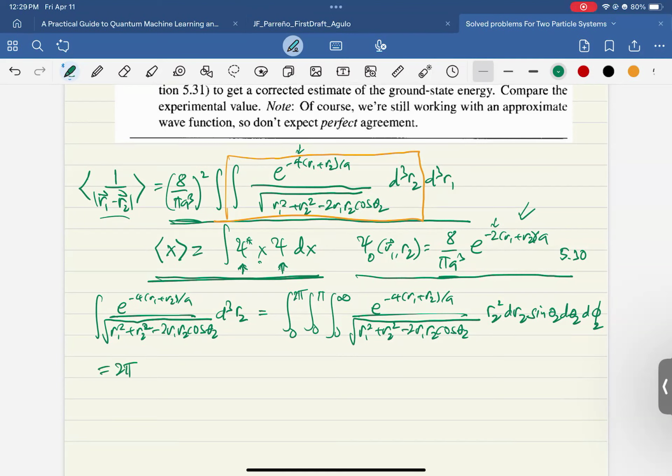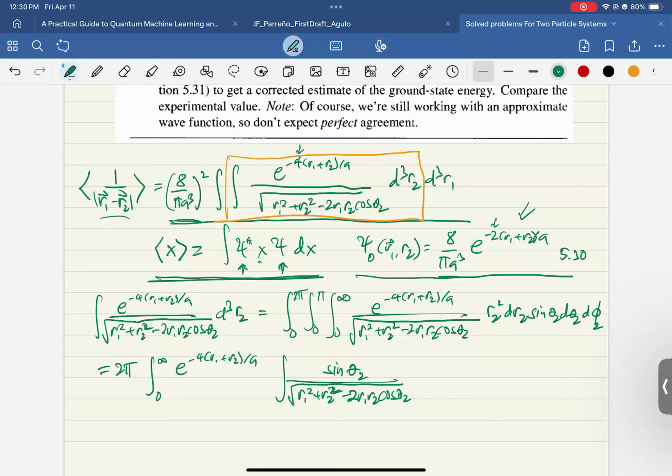Okay, and then we are left with these two integral. So 0 to infinity ng exponential minus 4 R1, R2 over A. Okay, and then integrate muna natin yung terms involving theta 2. So sine theta 2 all over R1 squared plus R2 squared minus 2 R1 R2 cosine theta 2.